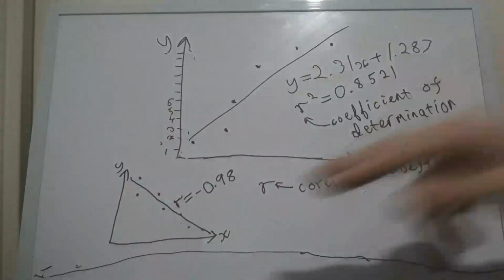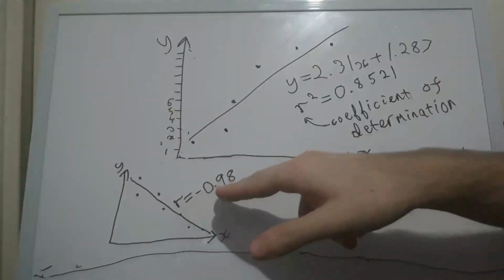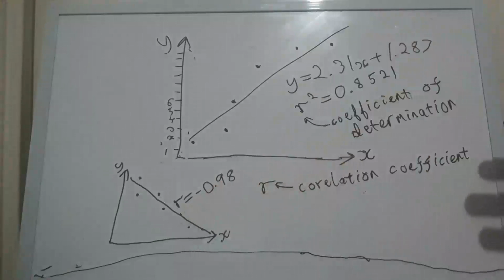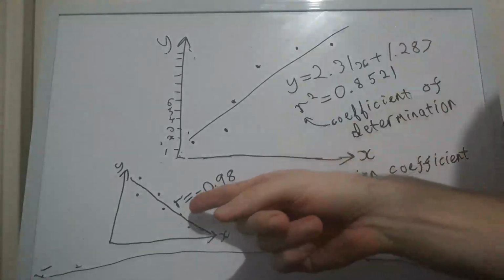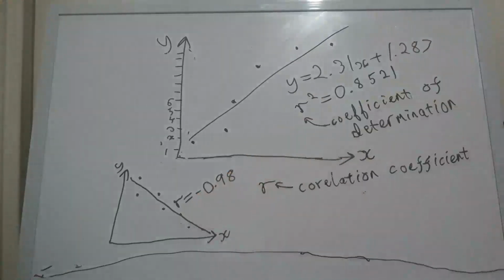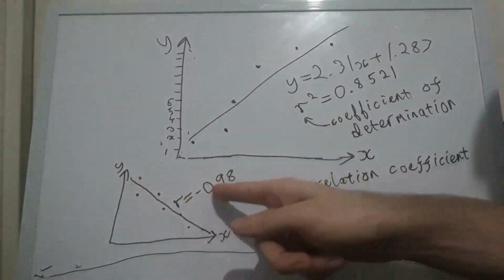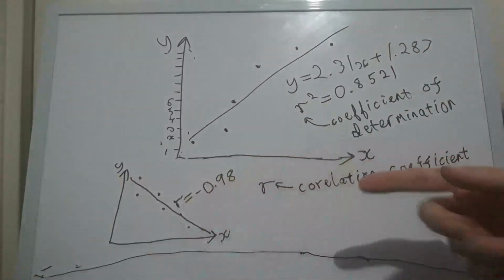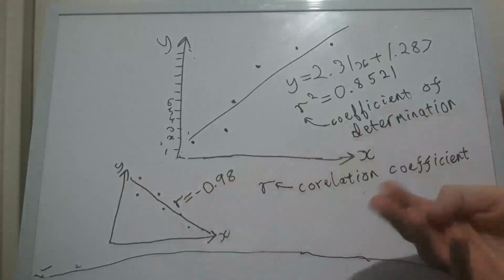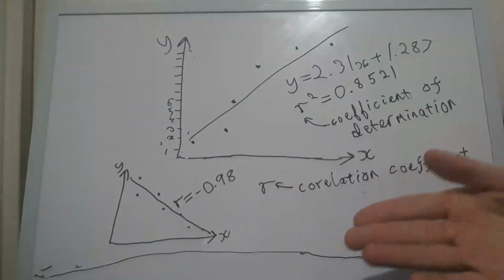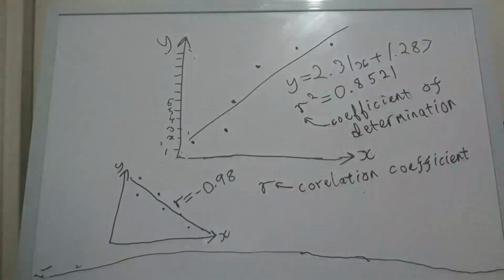So even though it's negative, if you square that, you'll get a positive answer, and it's going to be pretty close to 1. So you've actually got a strong linear correlation there. All that negative sign means is that it's a negative correlation. But because in magnitude it is close to 1, or if you square that it is close to 1, you can call that a strong correlation.